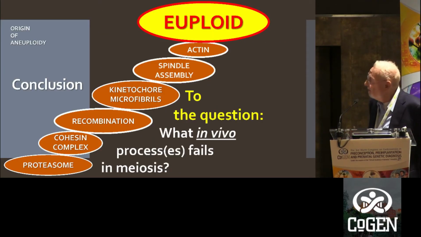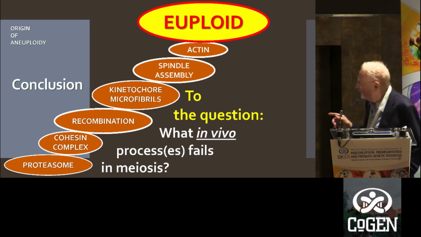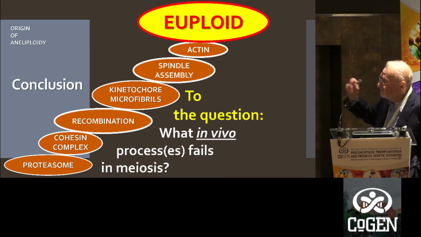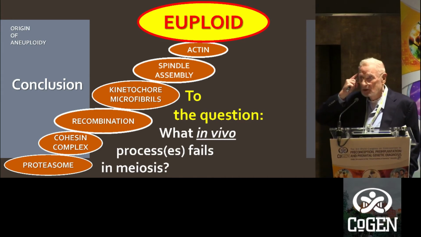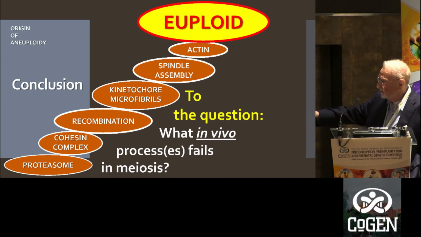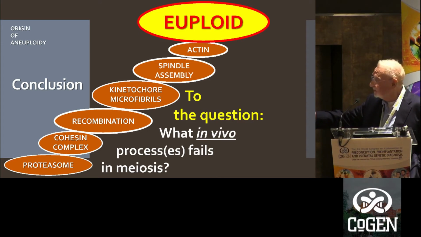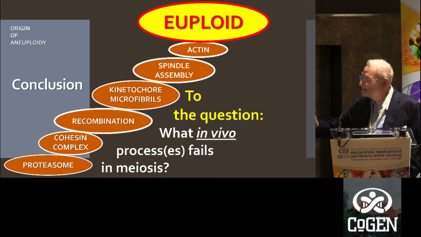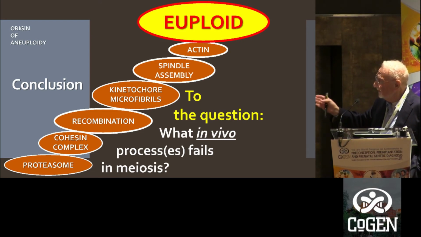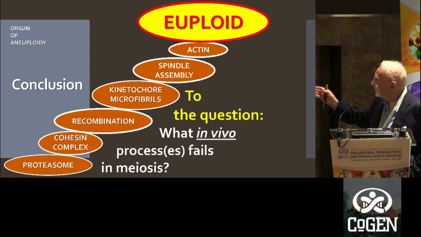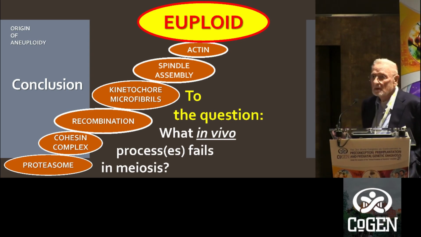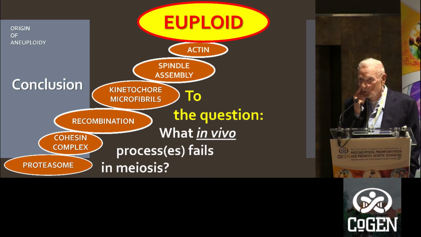So finally, to the question, what in vivo process fails in meiosis, I've sort of listed them as a stairwell or stairway, starting with the protosome, keeping the homologs together, if you will, cohesion, keeping the chromatids in place, recombination, the kinetochore, spindle assembly, actin, all contributing to producing, presumably, a euploid.